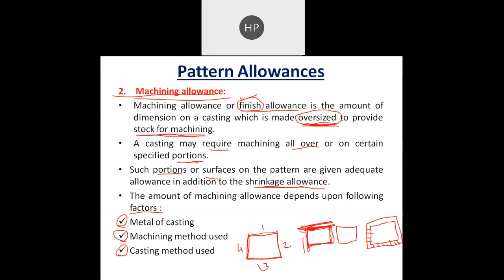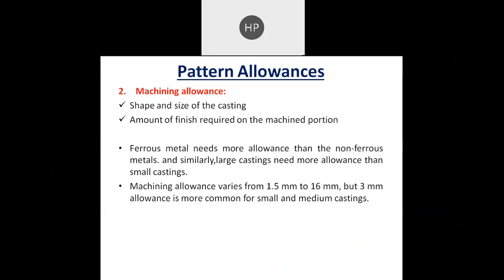Then it also depends upon the shape and size of the casting. What type of shape and size we are using as a casting, based on that the machining allowance will be selected.